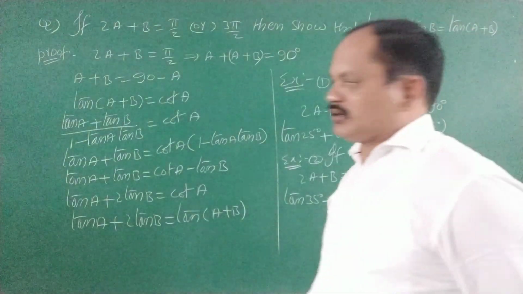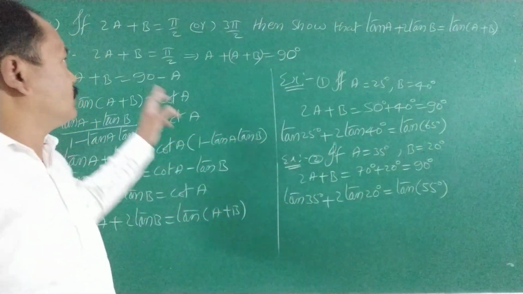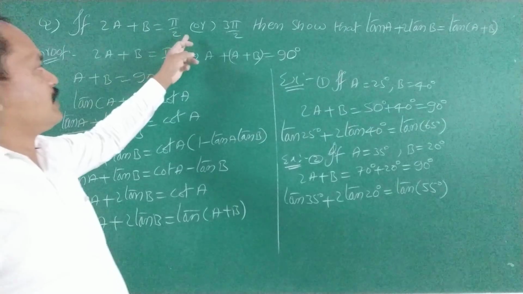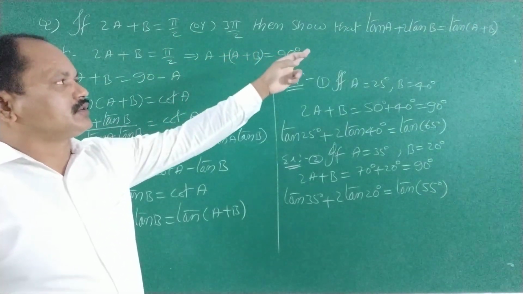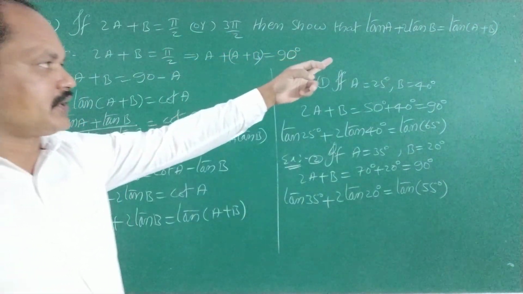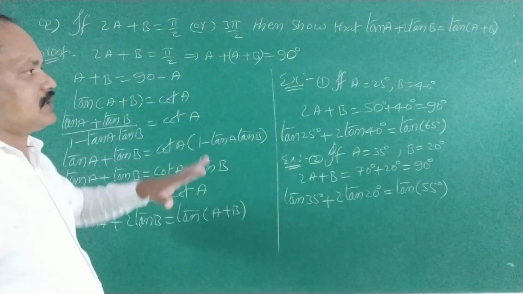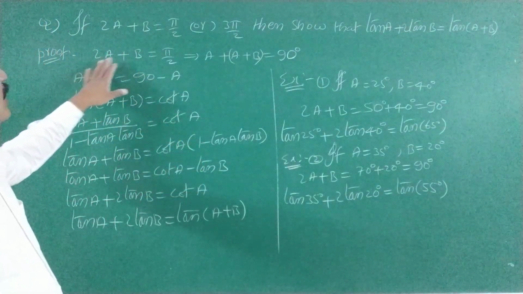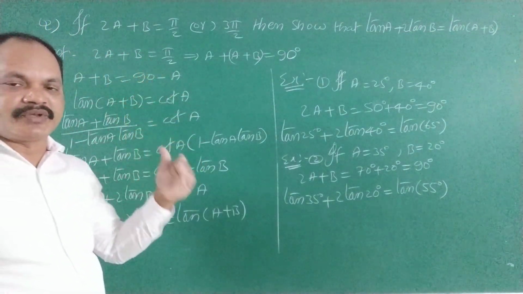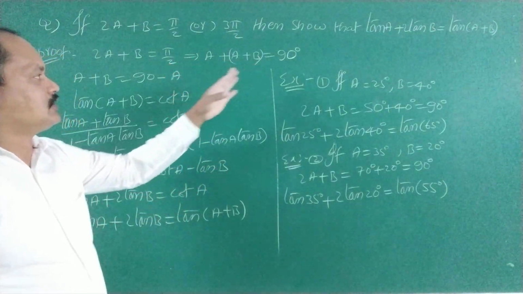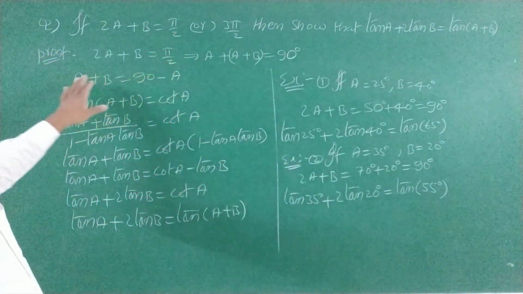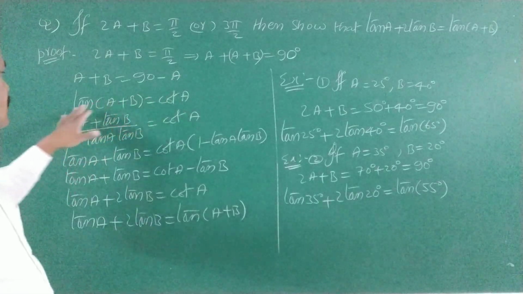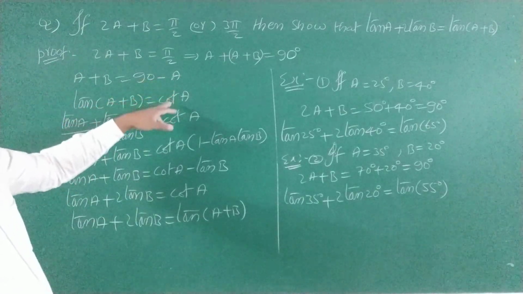The other concept is: if 2a plus b is equal to pi by 2 or 3 pi by 2, then tan a plus 2 tan b is equal to tan of a plus b. So 2a plus b is 90 or 270, so a plus b is equal to 90 minus a. Tan of 90 minus a is cot a.